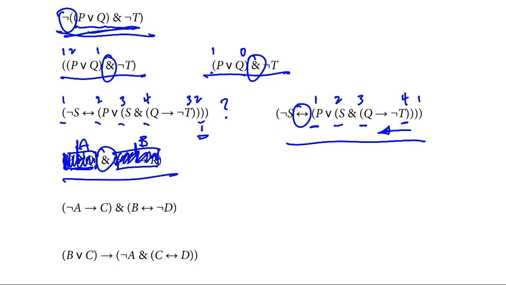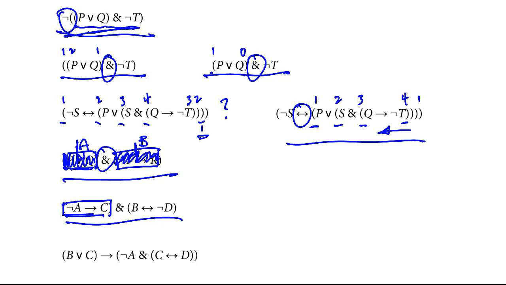Okay, so again, what you want to do when you look at a sentence ultimately is be able to see where these chunks are, and then at the most general level, identify the connective that is connecting these chunks, if you want to call them that. Okay, so here again, this one's pretty similar. We have if not A, then C inside parentheses.